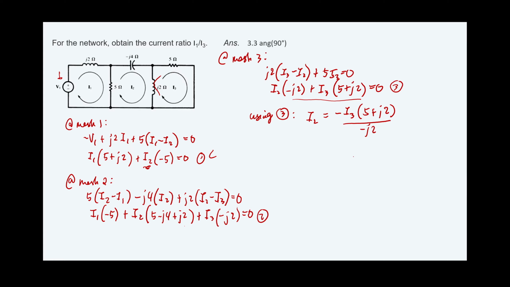So you have I2 now, then in equation number 1, you have I1 times (5 plus J2) plus I2, which is now I3.